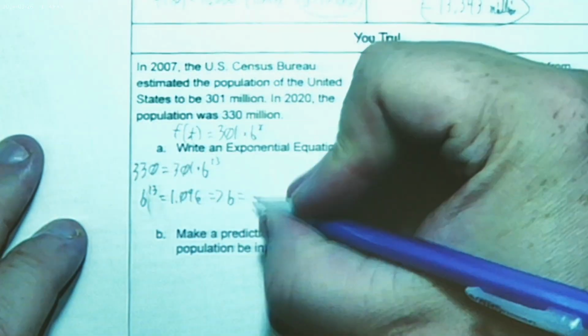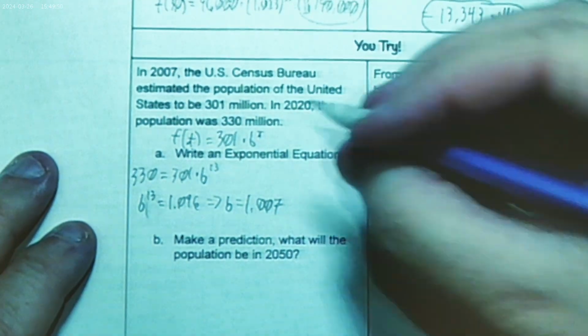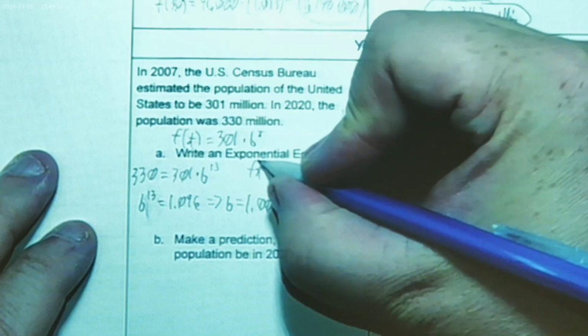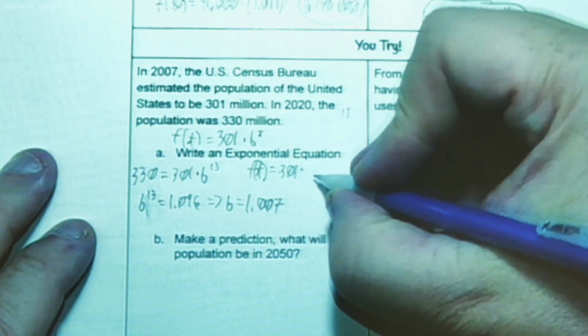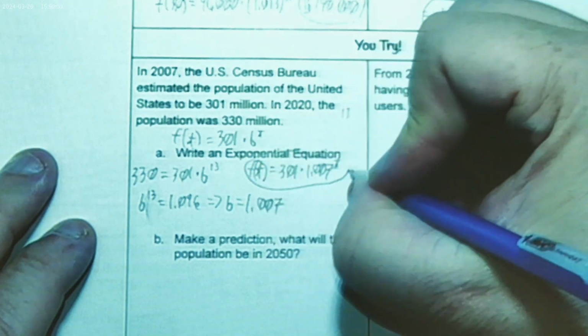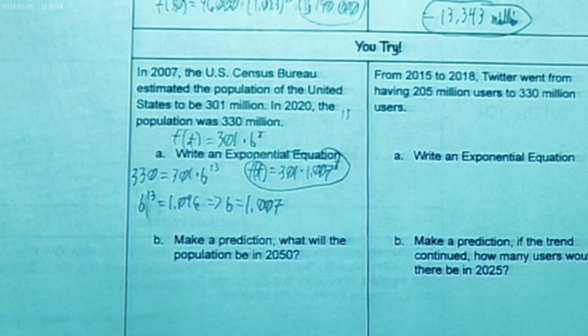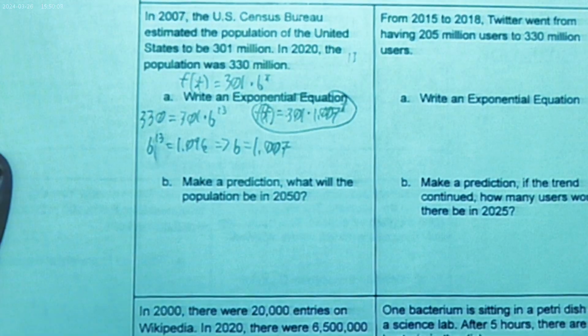Alrighty. So write the exponential equation, no problem. It's 301 times 1.007 to the t. That gives us our f of t, our exponential equation.